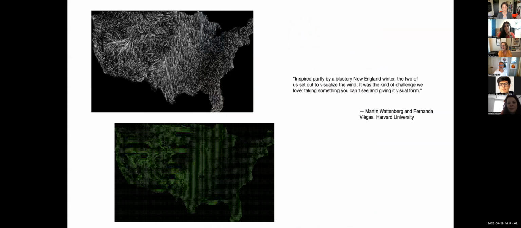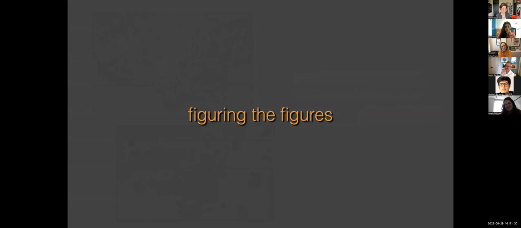And here's another, very talented Martin and Fernanda, who do really remarkable data visualizations. And we take you through their visualization case study from here to there. And I'm going to get László to get involved, but that's another conversation. You wait and see. And in that book on design, there's a major chapter called Figuring the Figures.